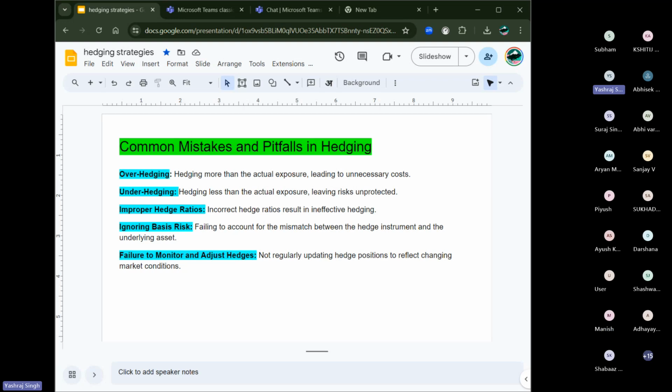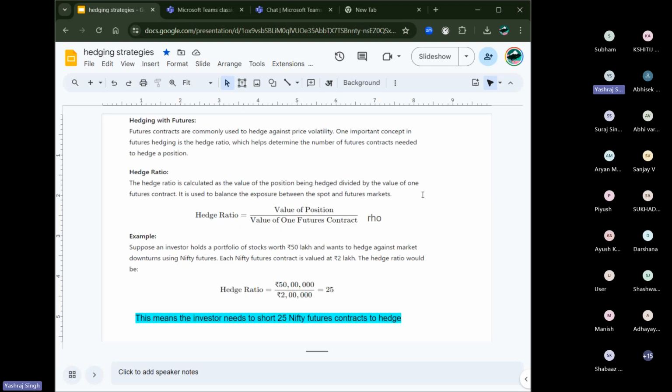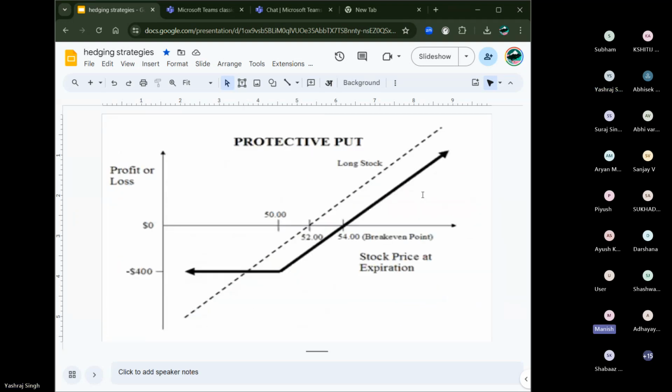Or in the other scenario, when we did this protective put, instead of one lot, we bought 100 quantity of it at 52 rupees, and 100 quantity of the 50 strike price at 2 rupees. Instead of 100 quantities, if we buy more than the quantity which gets offset, let's say 3 lots, we are trying to be conservative, trying to play more defensive.